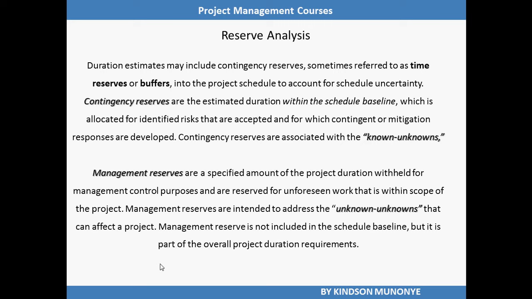Management reserves are intended to address unknown unknowns that can affect a project. The management reserve is not included in the schedule baseline, but it is part of the overall project duration requirement. So the determination of contingency reserve and management reserve is known as reserve analysis.